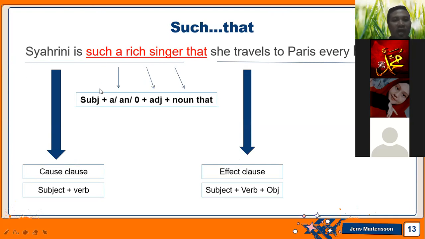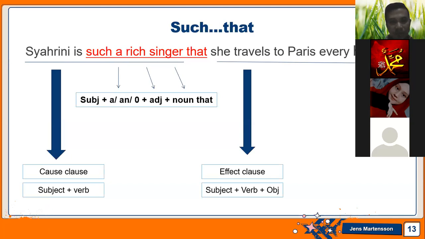This is how we form the effect clause. So here, this is the subject, Syahrini, and then is the verb, and then we need such. Such here is not the subject, but such, and then a or an. What do we see here, a or an? A, sir.